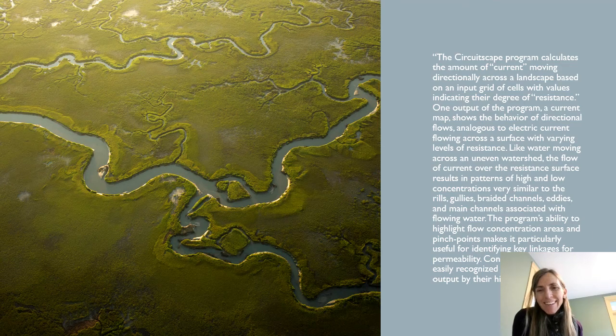This is a great quote from the Nature Conservancy's Regional Connectivity Report by Mark Anderson, and I thought you would enjoy reading it. It describes one type of circuit theory model called Circuitscape that TNC applied to understand how organisms were likely to move regionally in light of climate change. So I won't read it to you, but take the time to read through this.